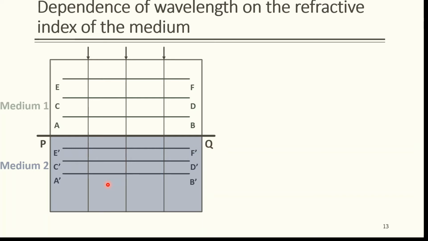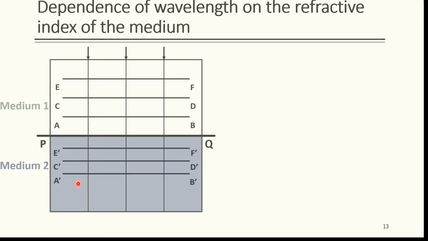Consider that medium 2 is a denser medium. Hence, speed of the wave will be lesser in medium 2 than medium 1. So the wavefront will cover less distance in this medium than medium 1 in the same time.